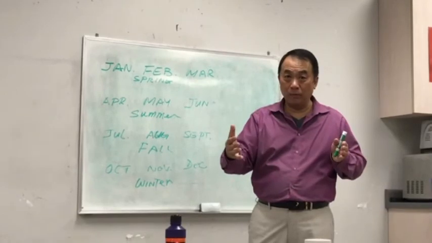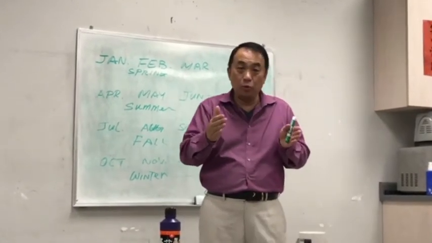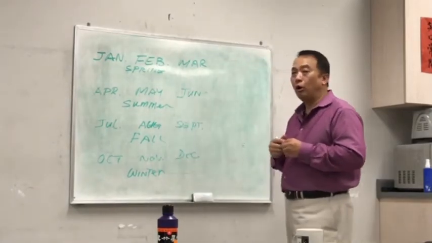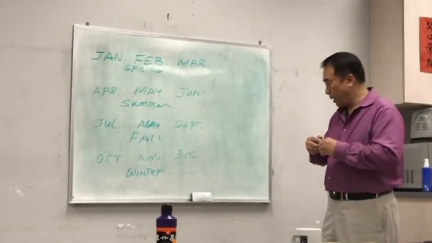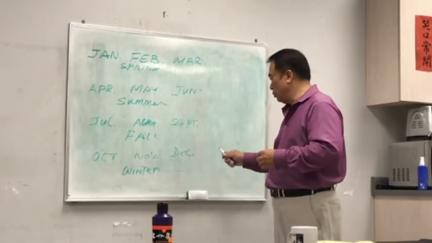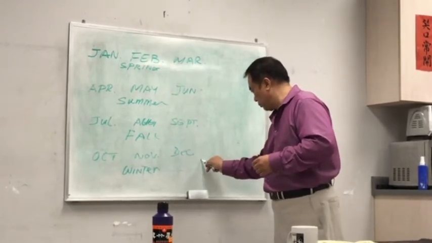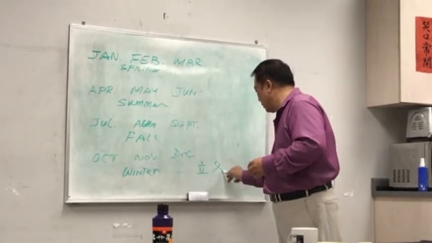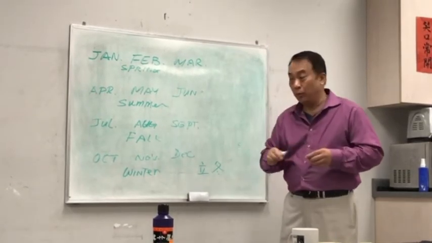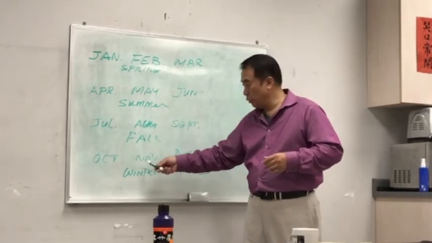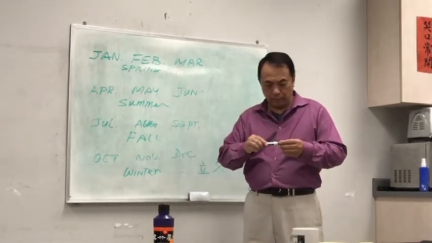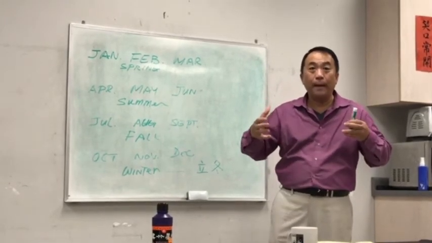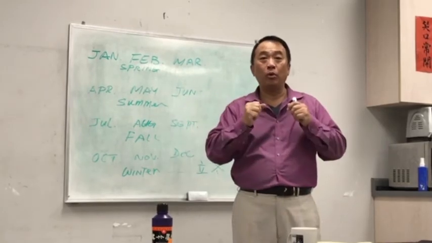For example, this month, right now, is still within the first 2 weeks of November, and we call it Li Dong, meaning the winter is in. In October, normally you won't have real winter, it's not very cold yet, but the weather already gets cold.